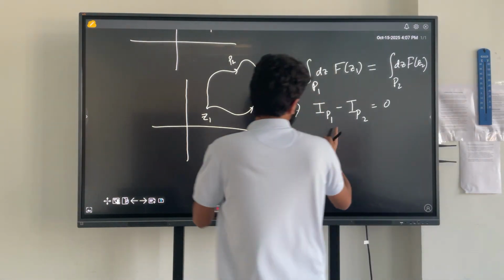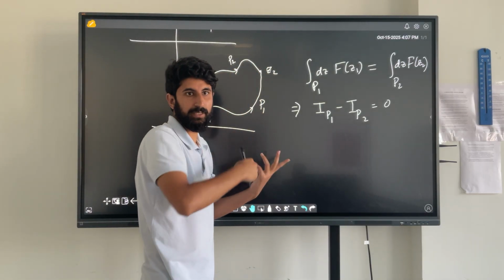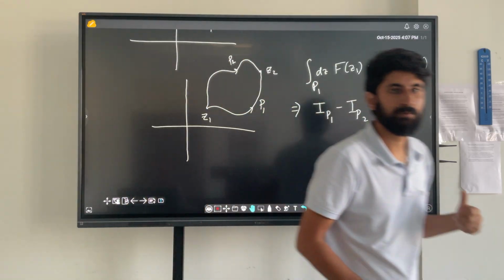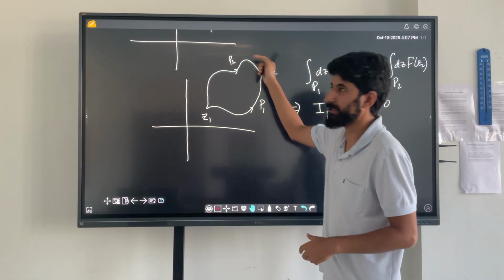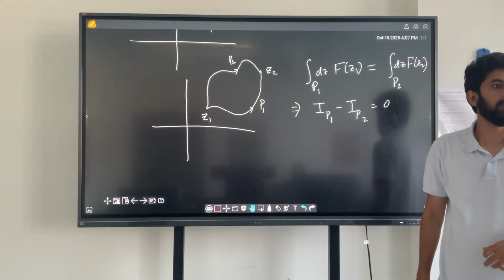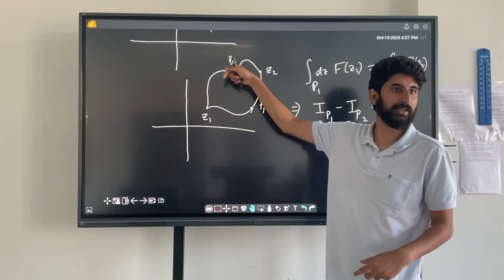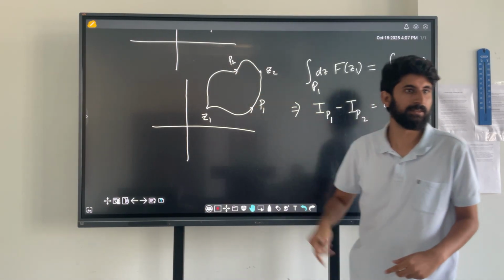But minus IP2 is just going in reverse, right? It is taking the same path but in reverse. You're just changing limits. So dz on this path is going this way, and dz on the other path is opposite.